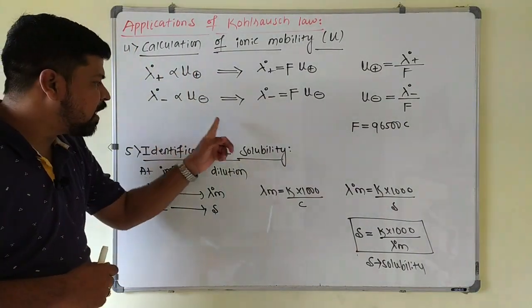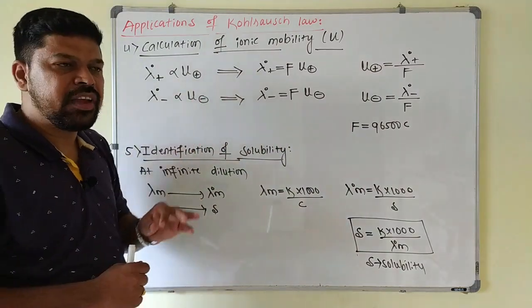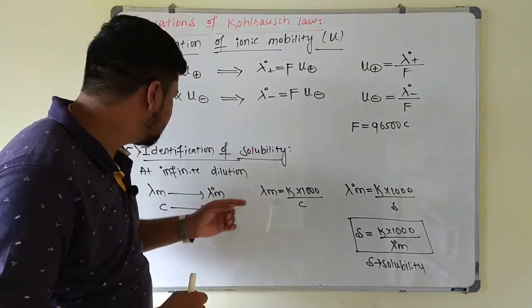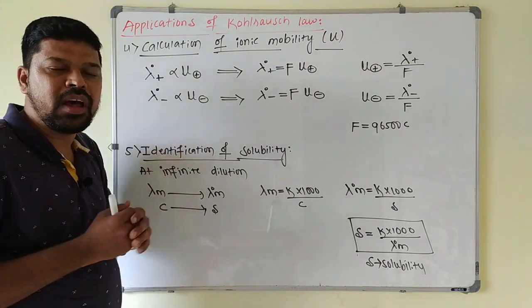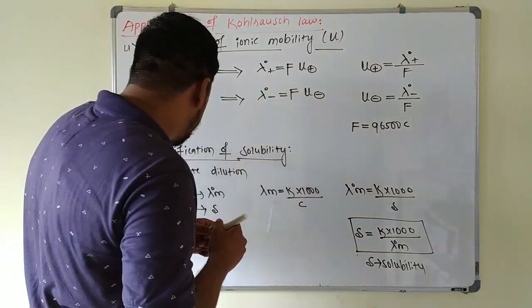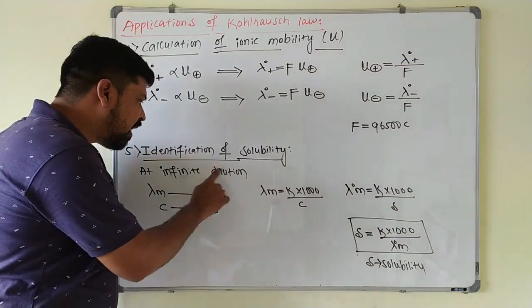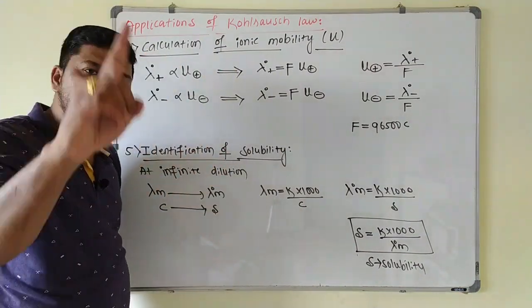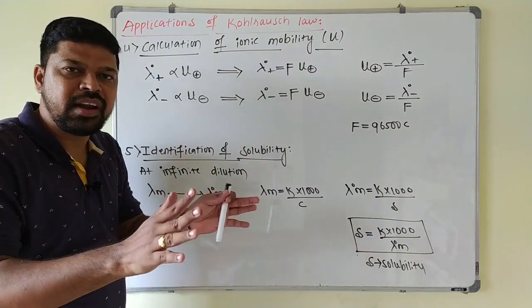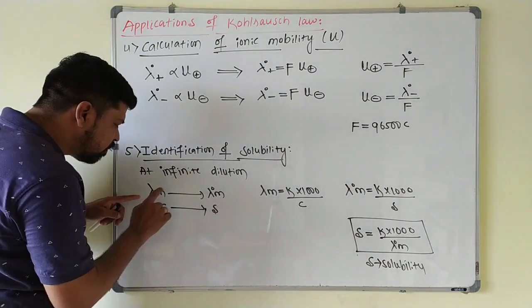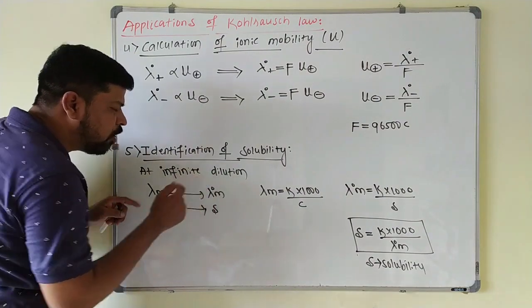Next one is identification of solubility. You can identify the solubility of electrolyte in the solution by using this limiting molar conductance, because here at infinite dilution, always you concentrate this term. At infinite dilution, what happens? Complete dissociation and force of attraction between cation and anion will be broken here. At infinite dilution, molar conductivity will be converted into what?